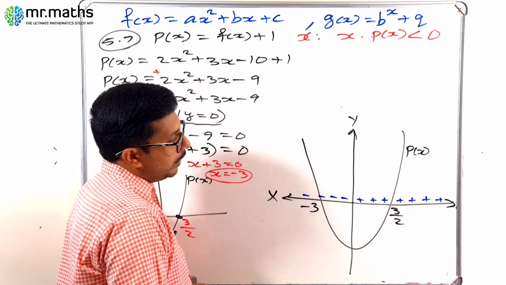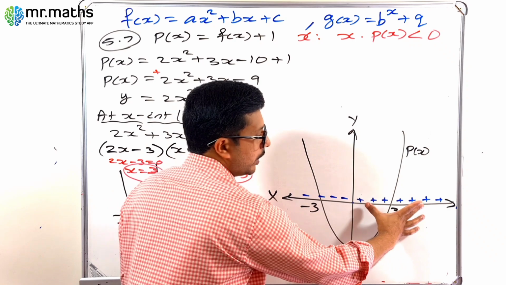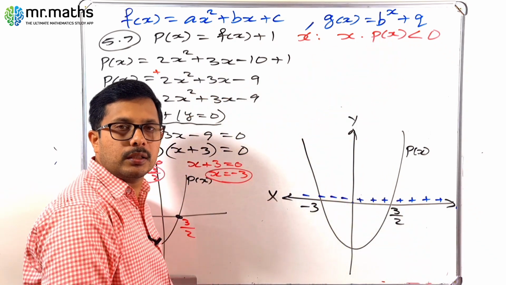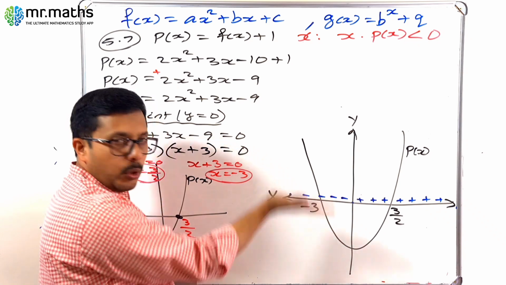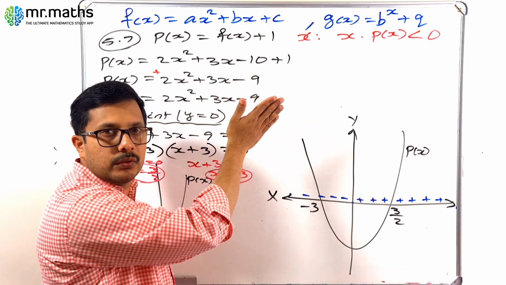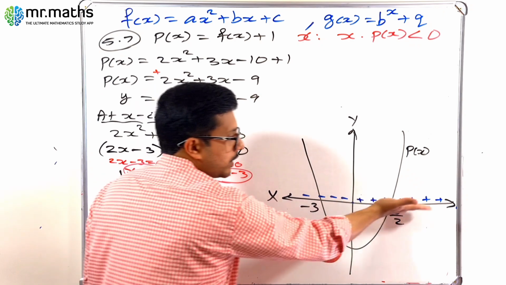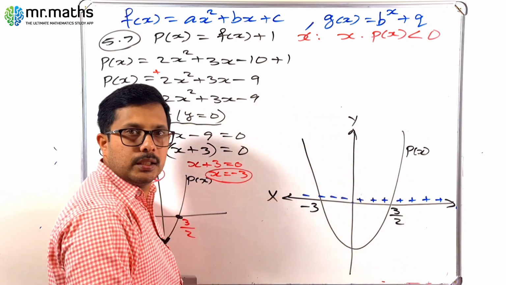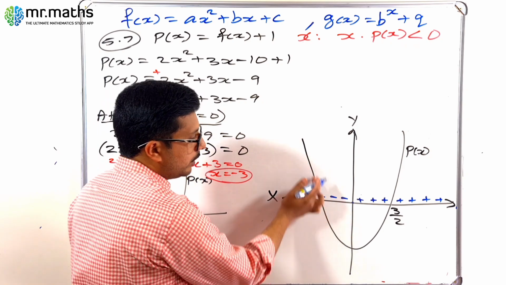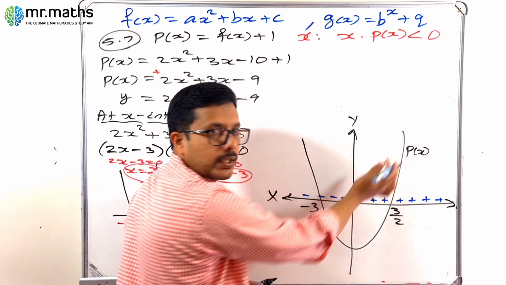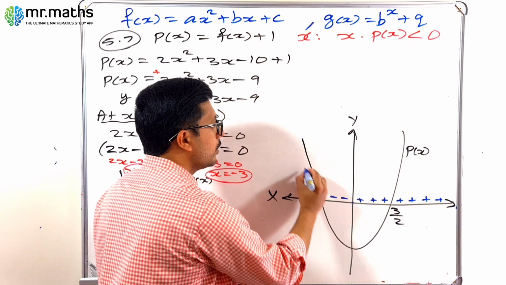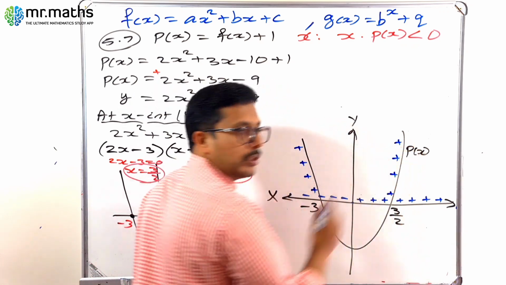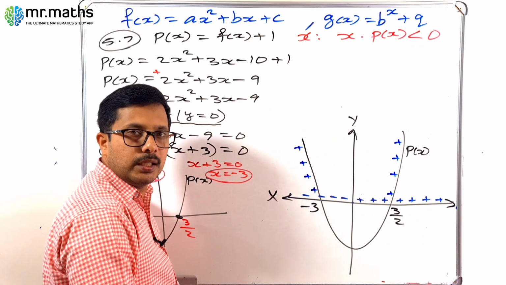Now p of x is a function. Above the x-axis p of x is positive, below the x-axis negative. So here p of x is positive, here also p of x is positive. Below the x-axis it is negative.